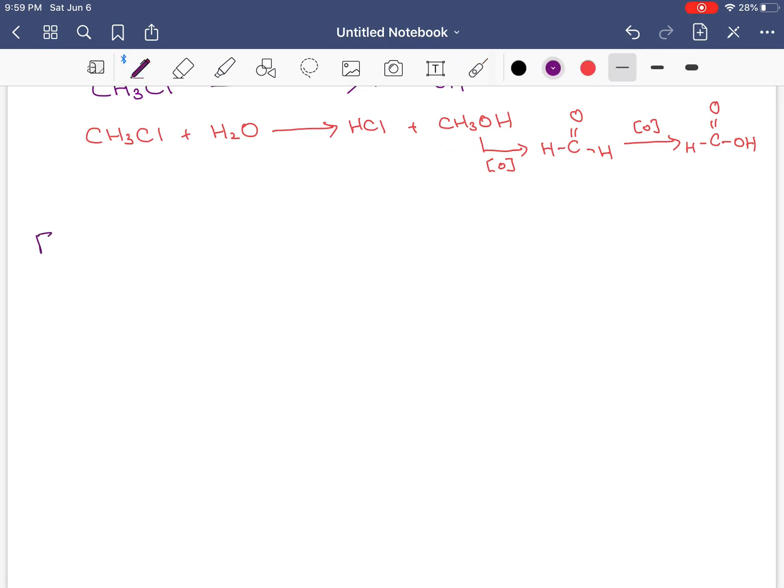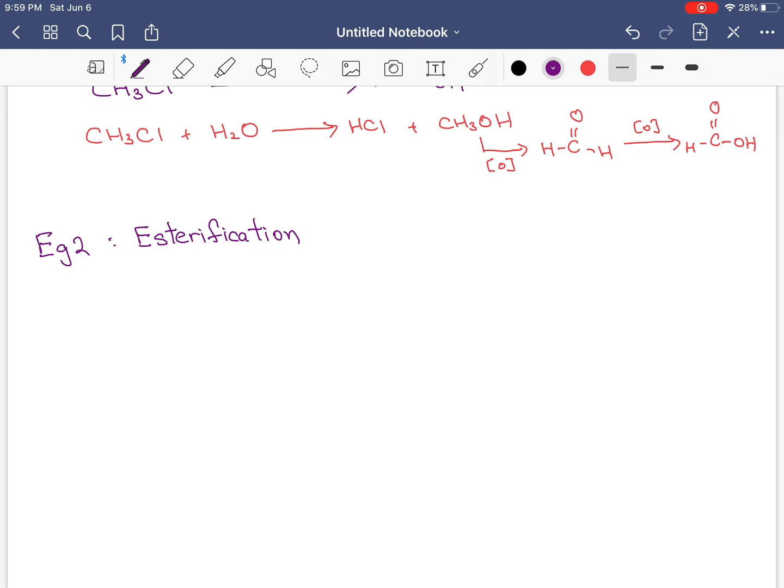So let's take a look at another reaction. So let's call this example 2. This one is extremely important, known as esterification.